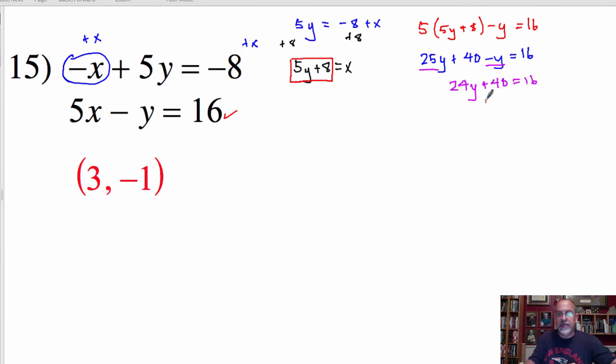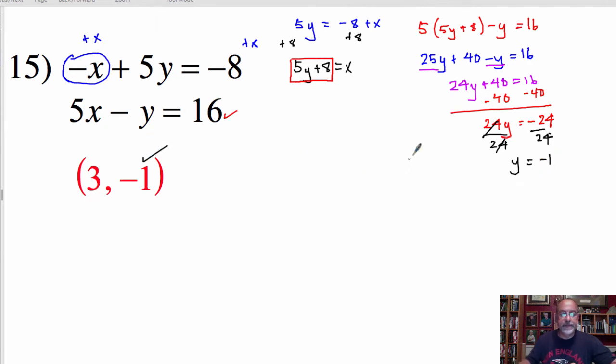Then we want to isolate the term we're solving for by adding the opposite. So that's going to give me 24y is equal to negative 24. And then divide by this coefficient finally. And that reduces to 1, so a positive divided by a negative is a negative.